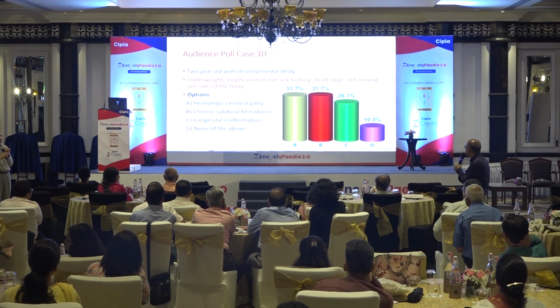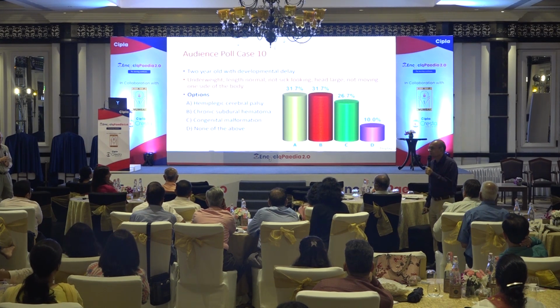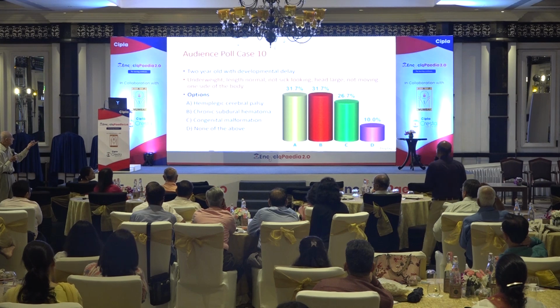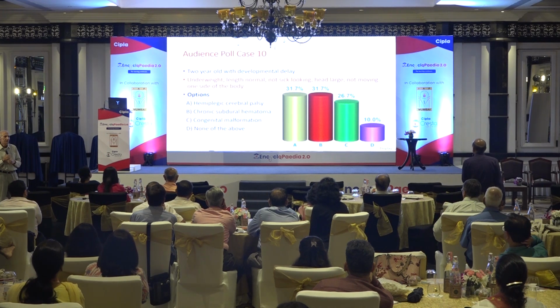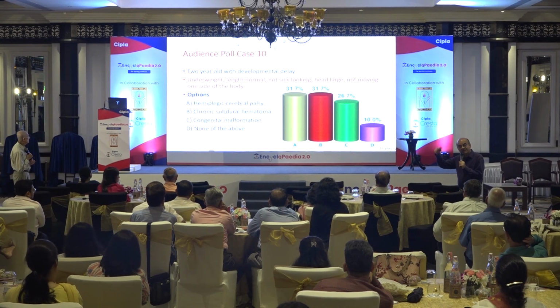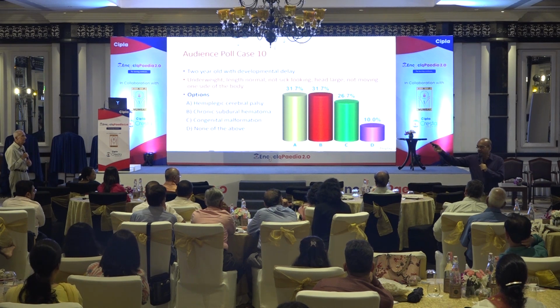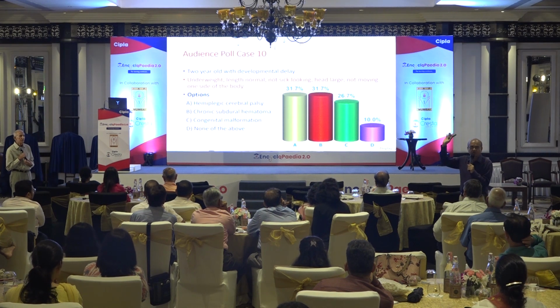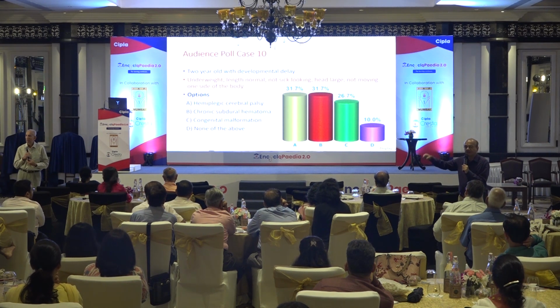Why is hemiplegic cerebral palsy out? Head is large, so that is out. So now take each one. Recent illness and large head. It is not normal head, it is large head. So large head is hydrocephalus. We did in growth charts. So recent illness with large head.